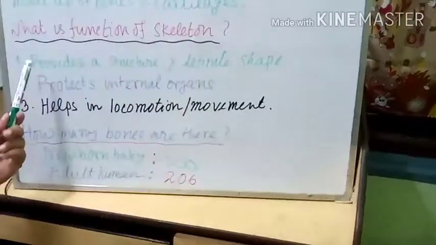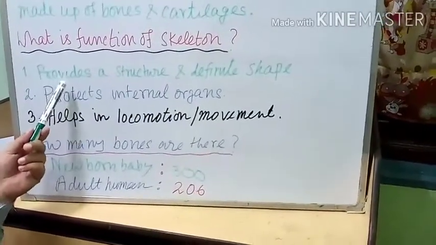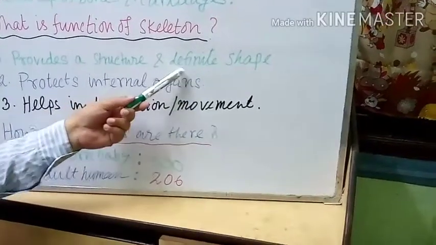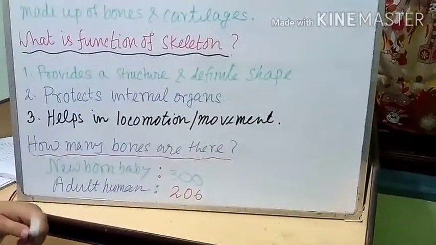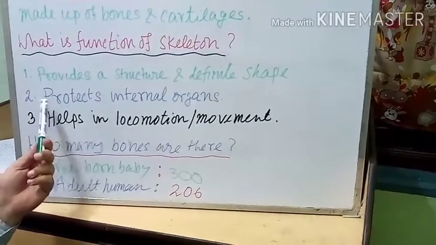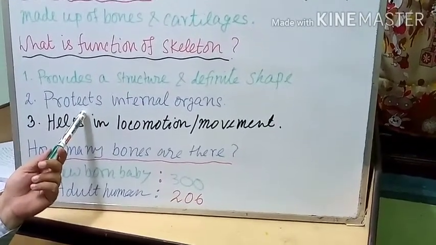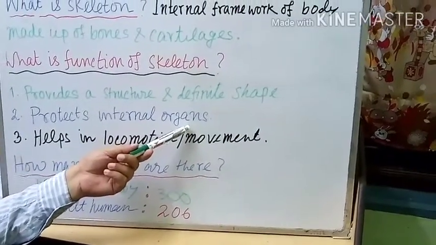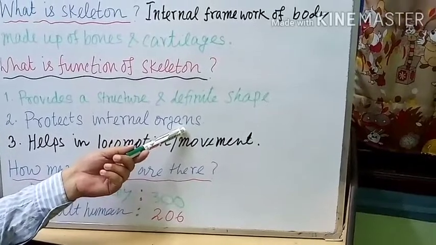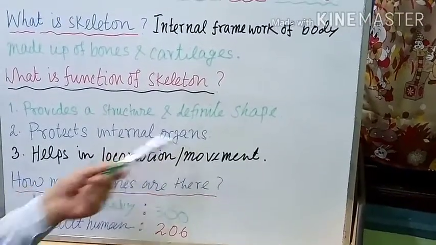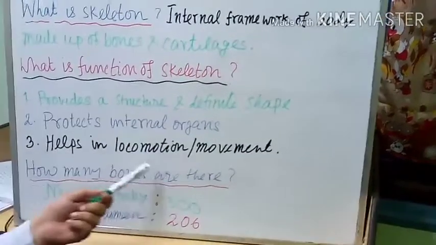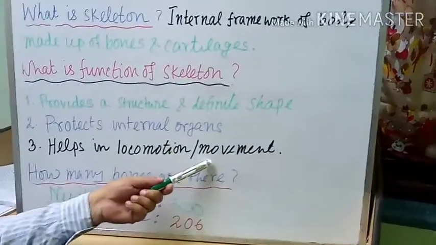What is function of skeleton? Number one, skeleton provides us a structure and definite shape. Number two, skeleton protects our internal organs such as heart, lung, kidney, brain, etc. Third, skeleton helps in locomotion or movement.